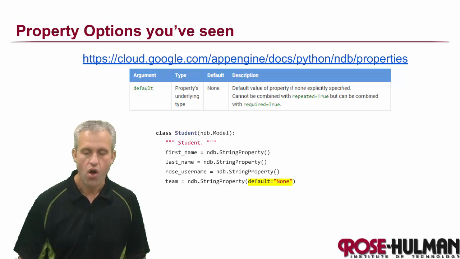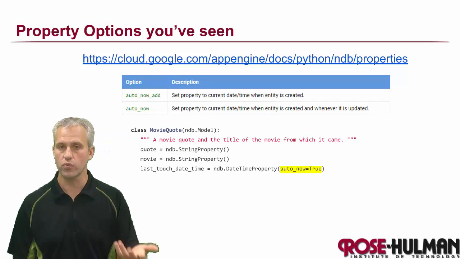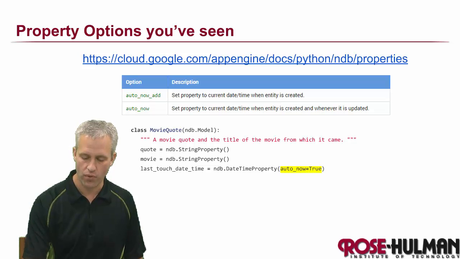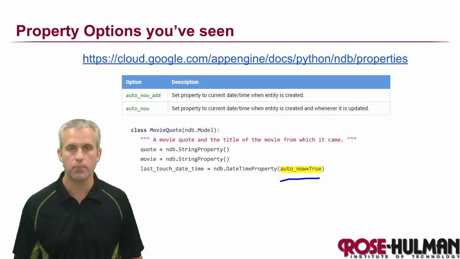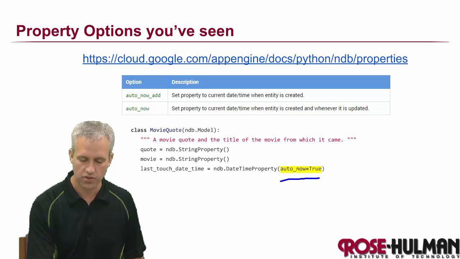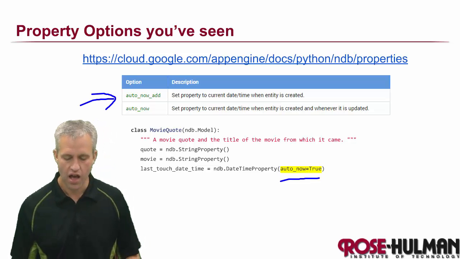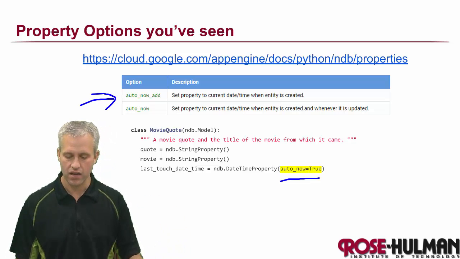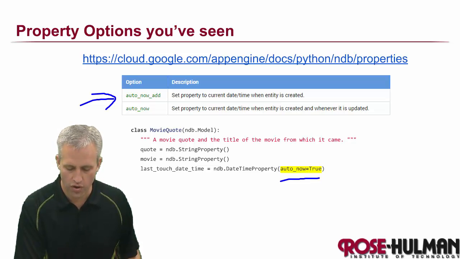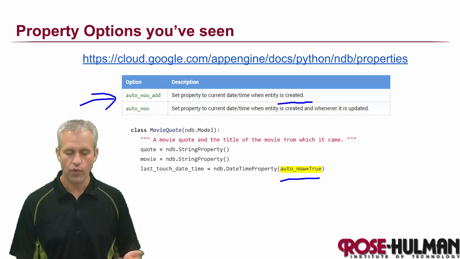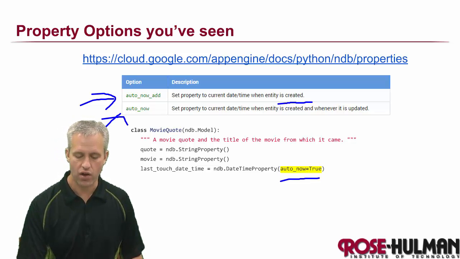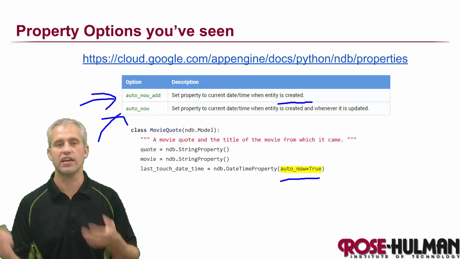There was really no great advantage in doing that, except that it showed you one property option you could use. We've also seen another, specific to dates. Whenever we had dates, we could put in options for datetimes. We could either say auto_now_add, which would set it only when the entity was created. We also had the option of auto_now, which sets it when it's created or any time it's edited.